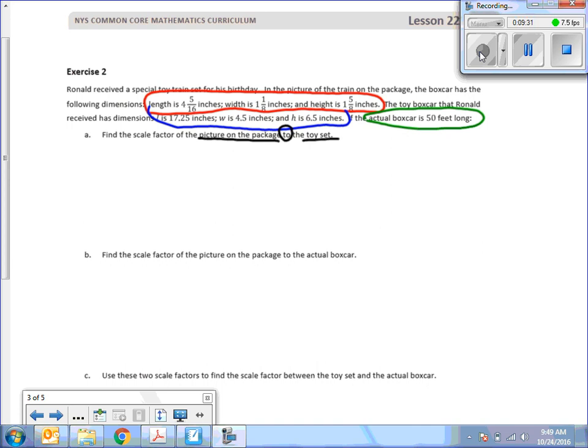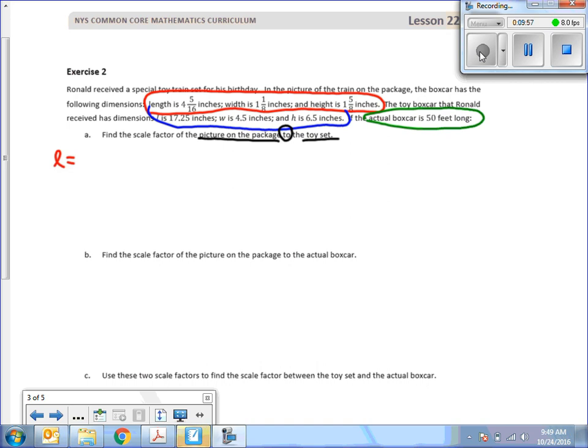All right, the first thing I want to do is convert these fractions and decimals to improper fractions so everything is nice and in the same format. So if I do length, and I'm going to use color coding here, so red is the package, blue is the toy, and green is the actual.